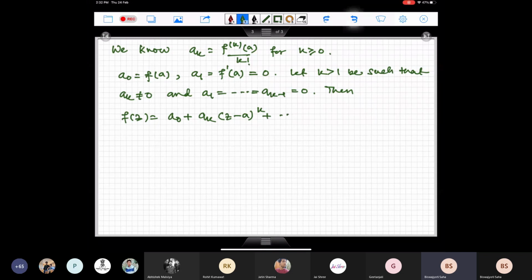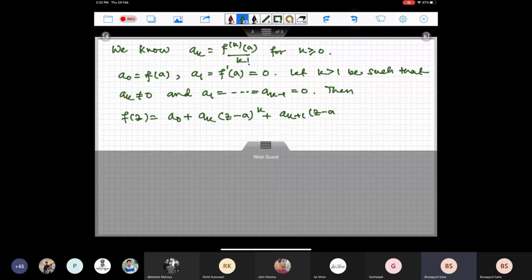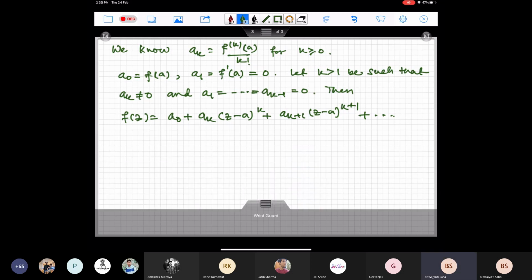Okay, or like I can write one more term, a k plus 1 into z minus a power k plus 1, plus dot dot. Okay, so this is what we get. All of us agree to this? Yes, sir. That's how my function looks like, right?